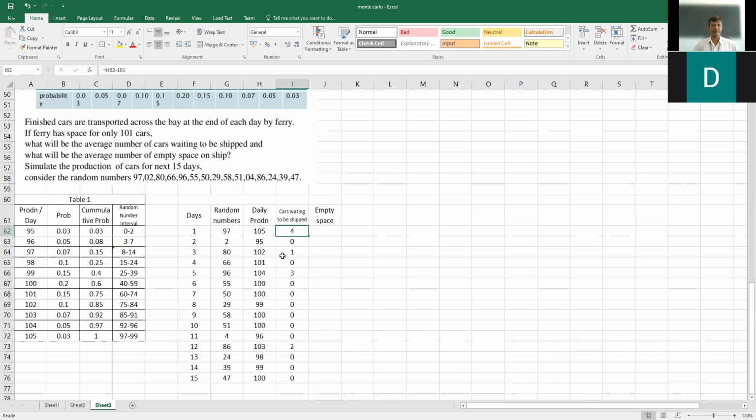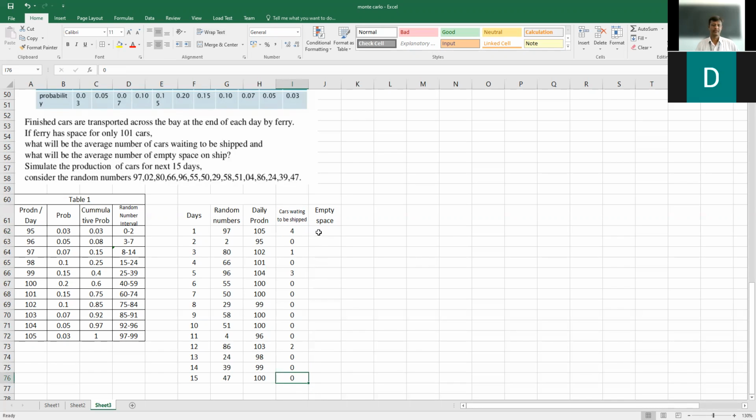Okay, if you are producing only 100 cars, the capacity of the vehicle is 101, so there will not be any cars waiting in the queue or waiting at the factory to be shipped. So by keeping the capacity of the vehicle which is transporting these finished goods, we are going to find out the number of cars waiting to be shipped. This is on a daily basis.